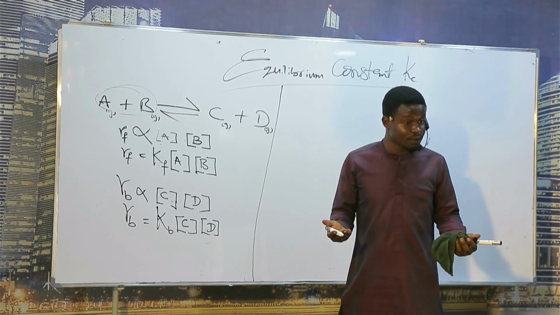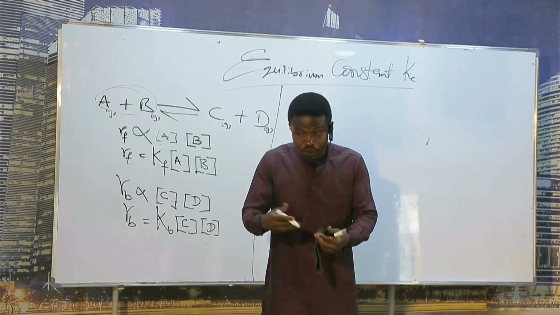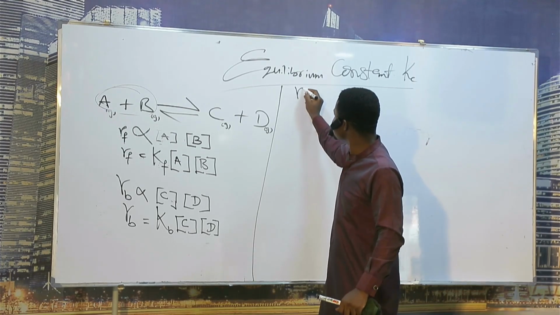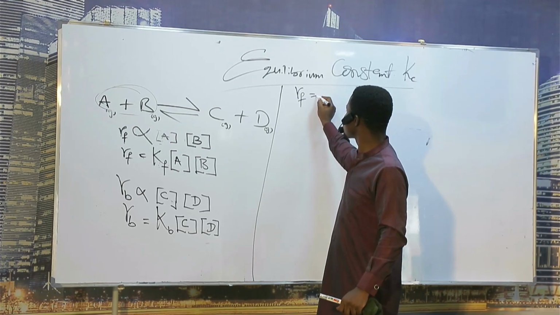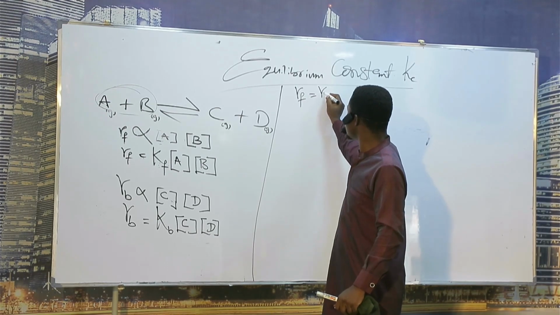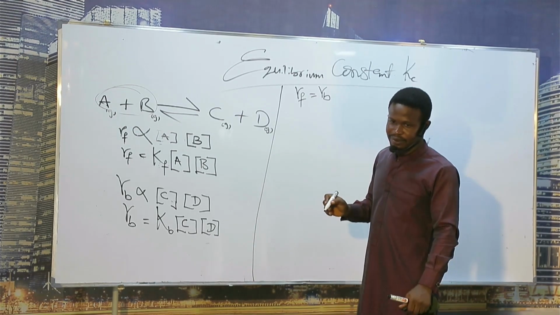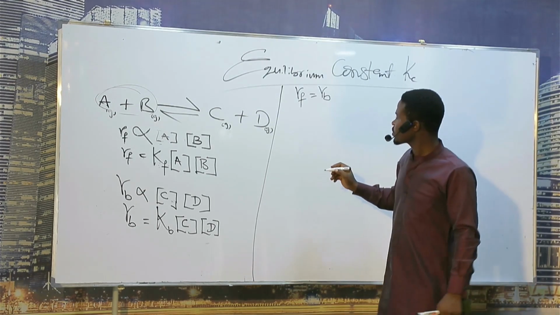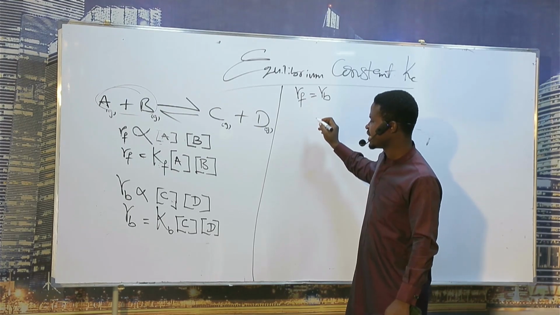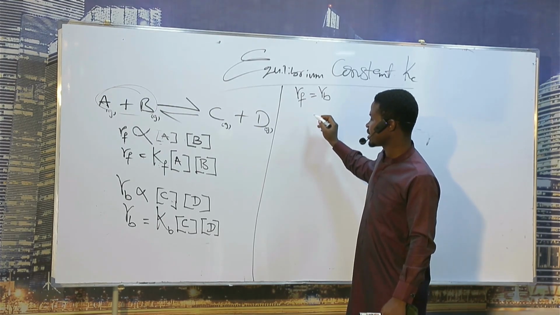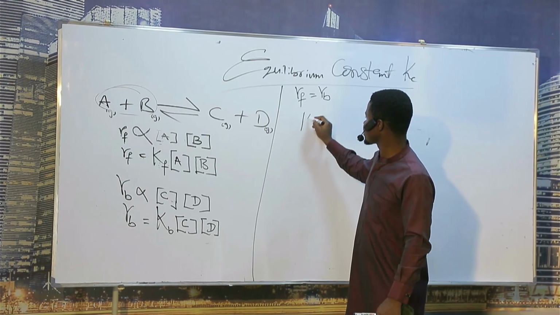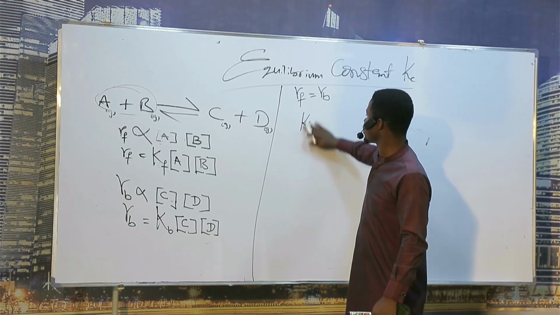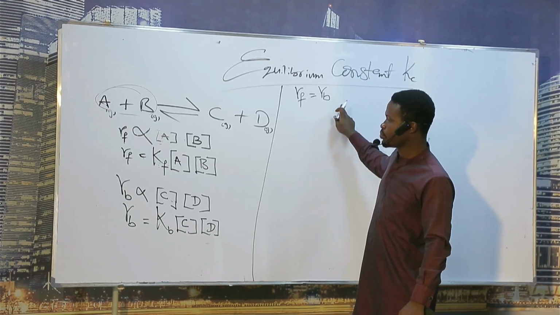So at equilibrium, my RF will be equal to RB. And I have my KF here.